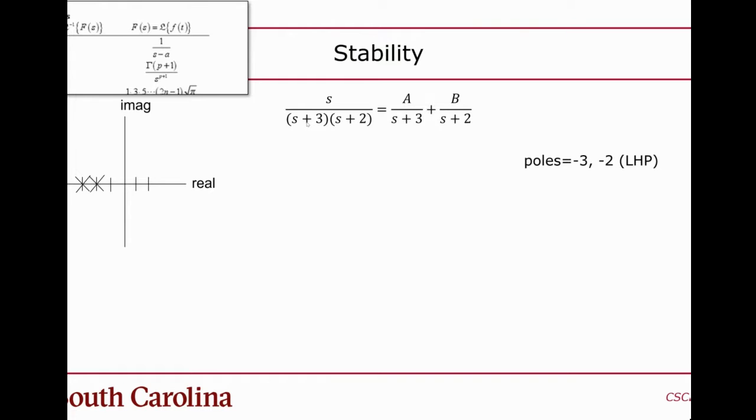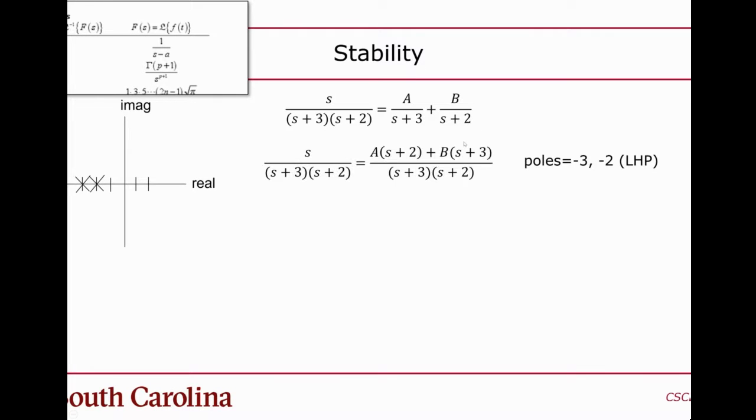But initially, I had a transfer function that had a polynomial in the denominator. So I factored that polynomial. I got (s plus 3) times (s plus 2), and I want to decompose this into A over s plus 3 plus B divided by s plus 2.